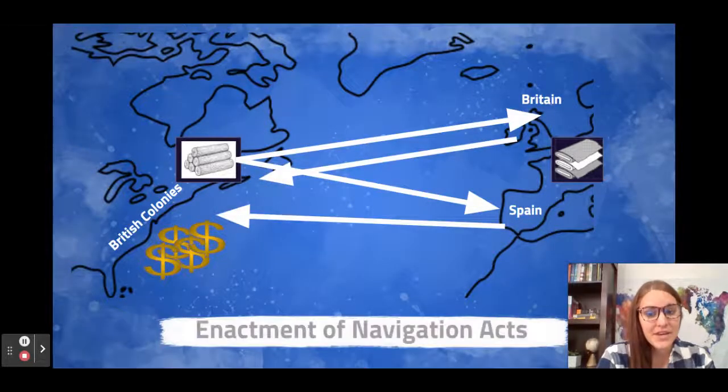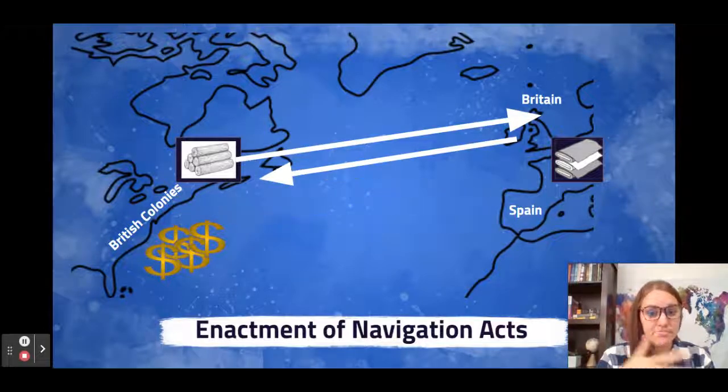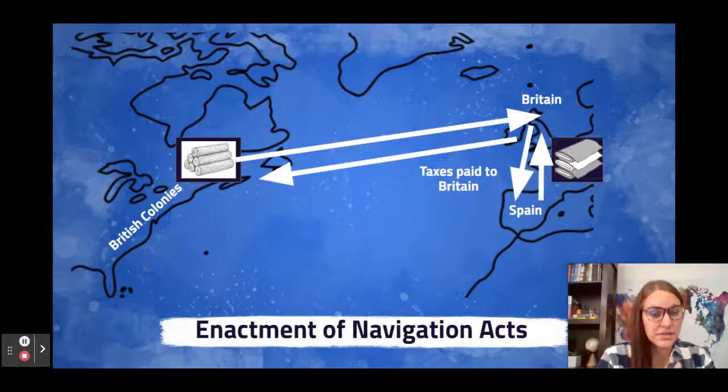And so they're going to end up becoming fairly wealthy from this type of free trade system, if you will. Now, when the Navigation Acts are implemented, all of a sudden certain types of trade become illegal. Now, the British colonies are not allowed to trade directly to Spain. And so this trade goes away. And instead, that is replaced by more significant trade from Spain or other European countries to Britain. And when those goods happen, the taxes are paid to Britain.